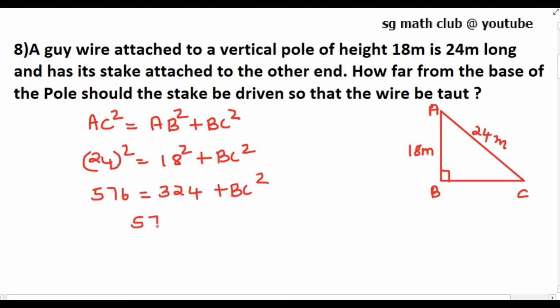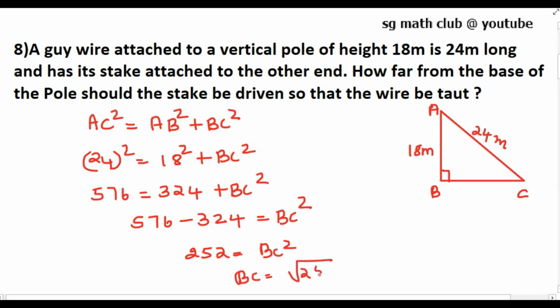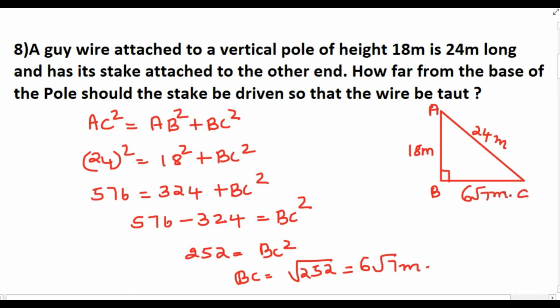So 576 minus 324 is equal to BC square, 252. BC is square root of 252, which is equal to 6 root 7 meter. So the distance is 6 root 7 meter.